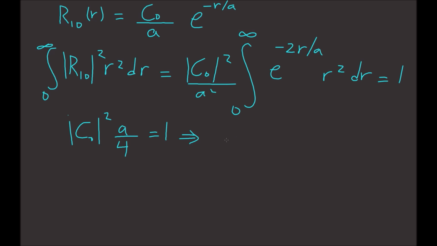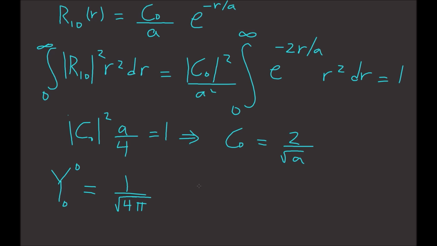Solving for C naught, we get C naught equal to 2 divided by square root of a. And the other functions are the associated Legendre functions. Y of 0 and 0 is nothing but 1 divided by square root of 4 pi.